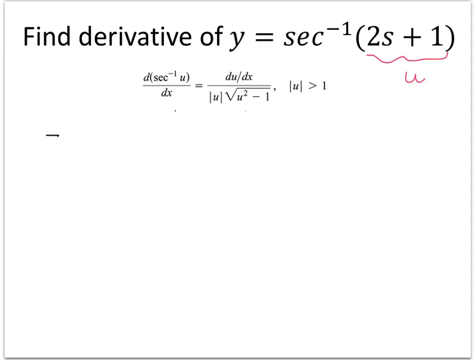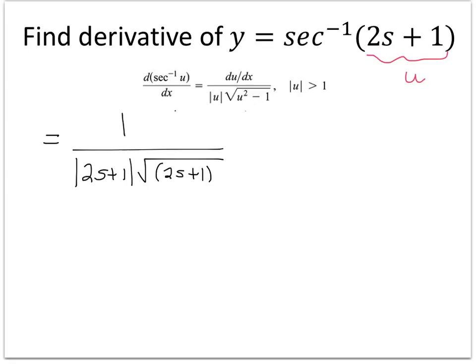So this is going to equal 1 over the absolute value of 2s plus 1 times the square root of (2s plus 1) squared minus 1, times the derivative of the inside. Okay, so that's that piece.